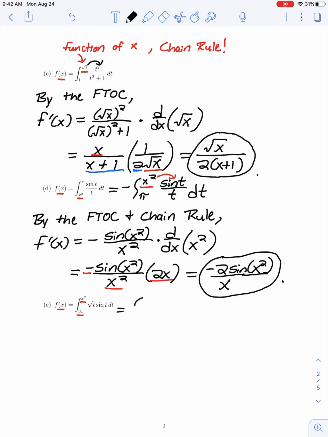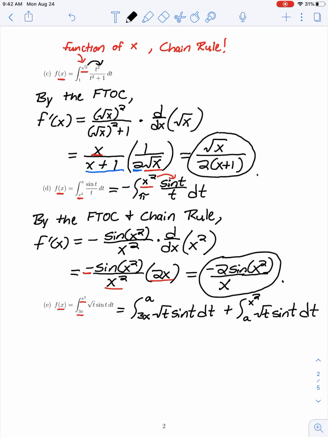So in particular, for this example, I could first integrate from 3x to some constant a, and we've got the square root of t times sine t dt, and then I would add the integral from the constant a up to x squared of the square root of t sine t dt.